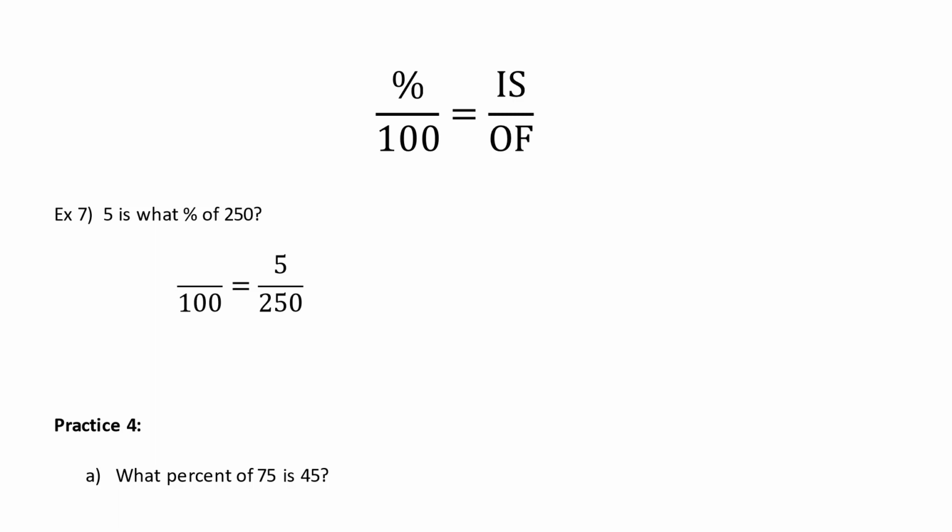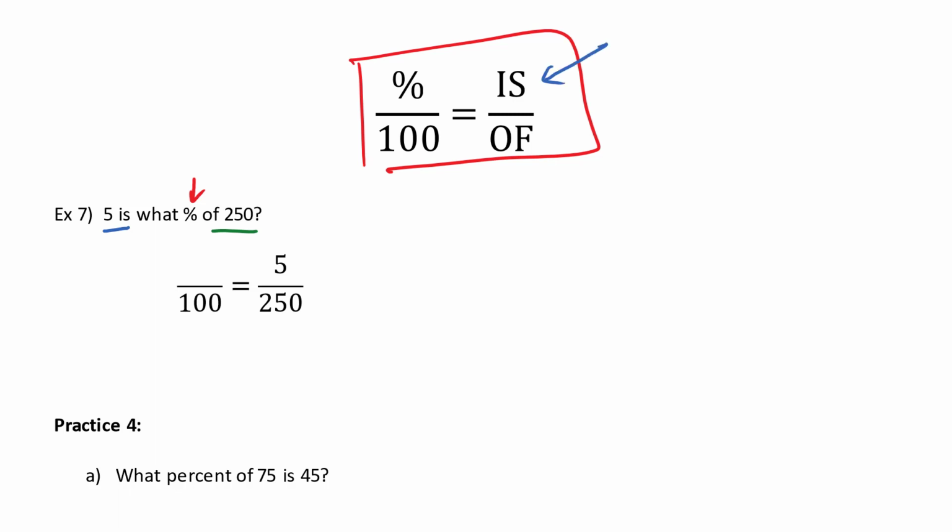Lastly now, 5 is what percent of 250? So here I have is, here I have of, and here I'm asking for what the percentage is. So again, is, that's the 5, of, that's the 250. In this case here, I'm looking to solve for the percent.